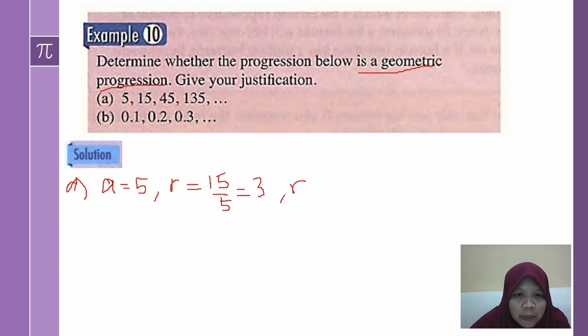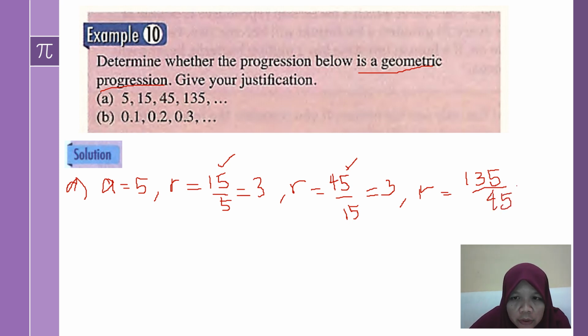Try another one. You can find r by finding the ratio 45 over 15, T3 over T2. This one is T2 over T1, this one is T3 over T2, and the answer is the same. r is 3. We try another, find another r, where r is equal to 135 divided by 45.